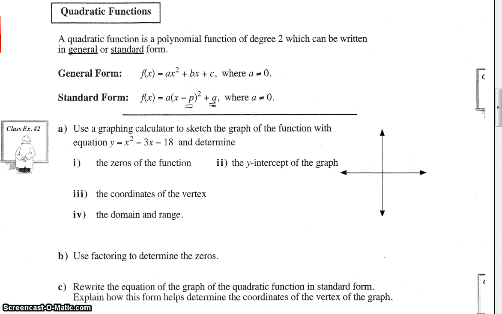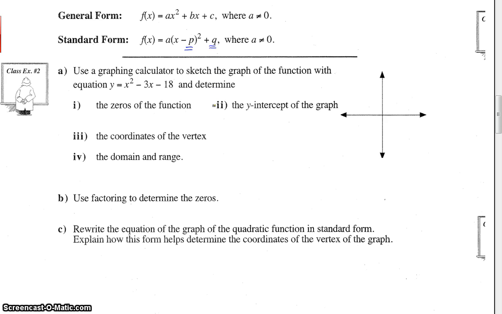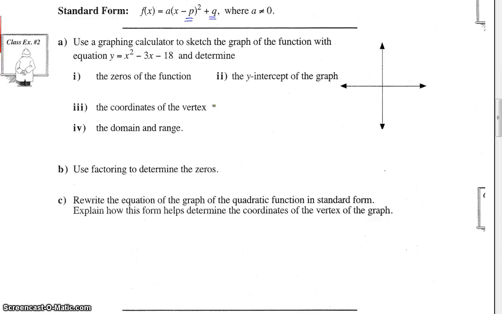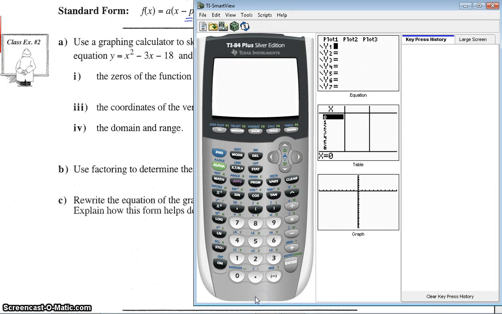Okay, let's look at this example. Use a graphing calculator to sketch the graph of the function with the equation y equals x squared minus 3x minus 18. Okay, we're going to need our graphing calculator, so you grab yours, I'll grab mine. Okay, here we go.